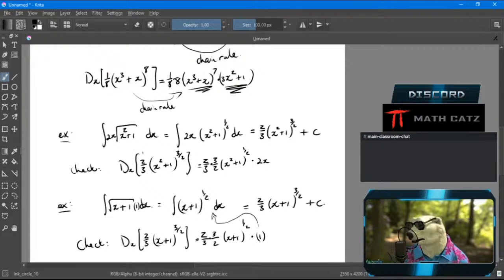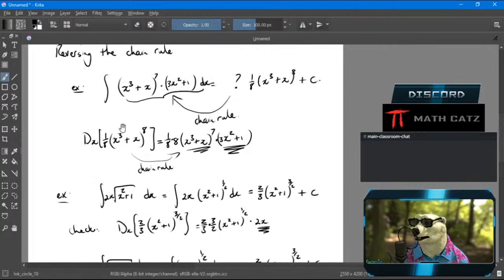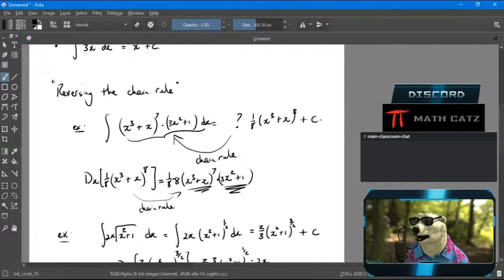Like over here, there was a second part of the chain rule that involved an x. That x has to be there. There's no other way. Over here, there was a second part of the chain rule that was a 3x squared plus 1. In some way, that has to be there, visible, present in the integral.